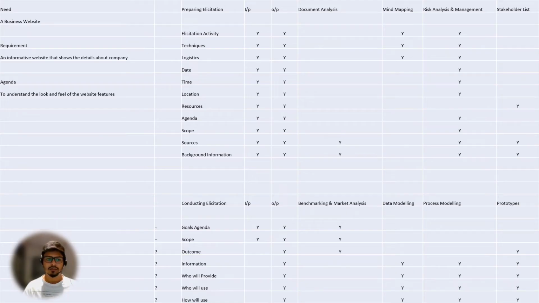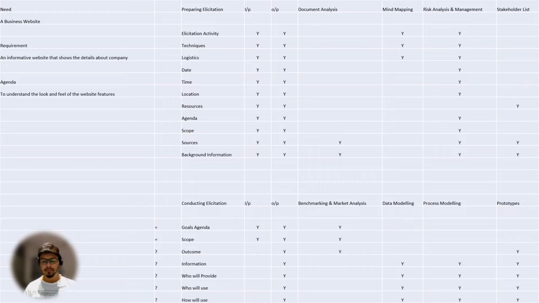So consider this is the example case which I have done using a spreadsheet. The need here is we need a business website. Now the business website is a need, and the visual representation of a need is a requirement, that is an information website that shows the detail about the company.